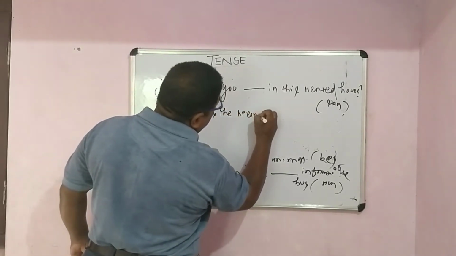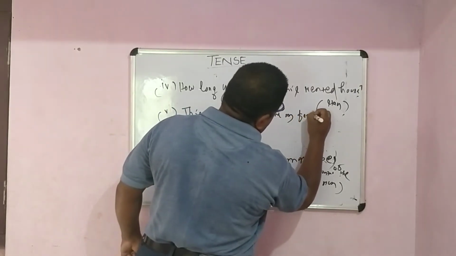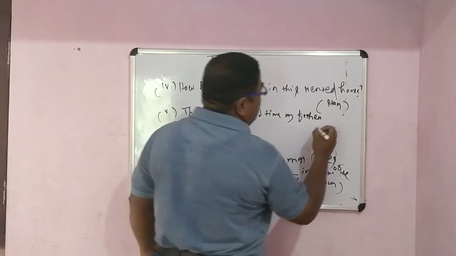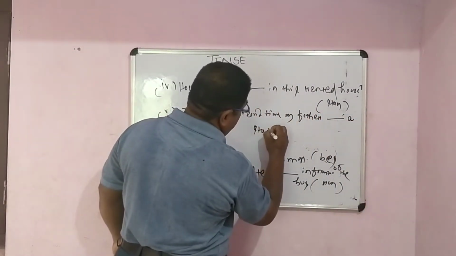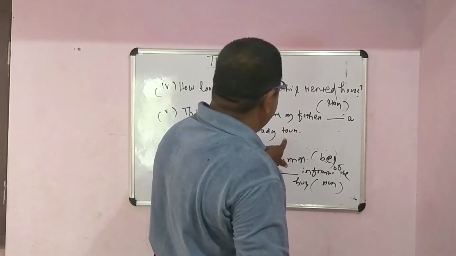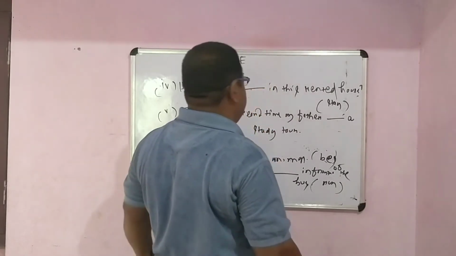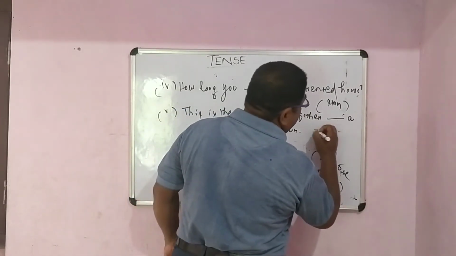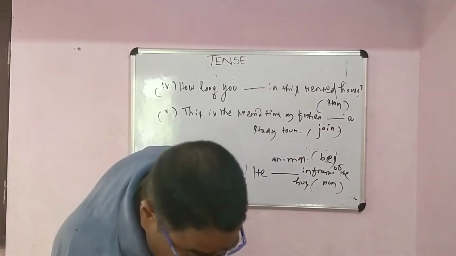This is the second time my father dash a study tour. Study tour, not a tour. It should be rightly pronounced as tour. Tour. So this is the second time my father dash a study tour. Within the bracket, join. Question number 5 is over.